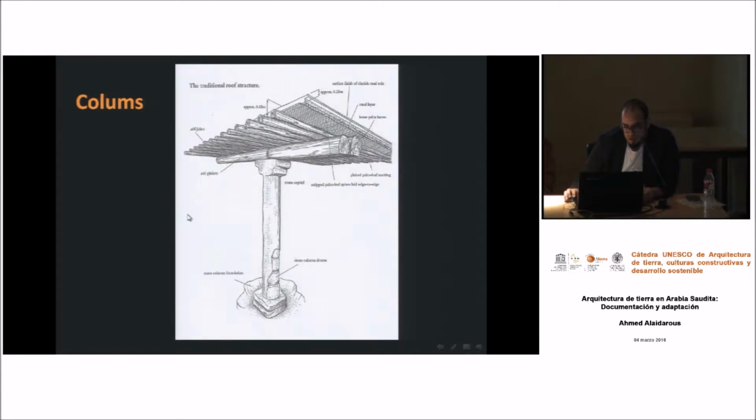Okay. And this photo shows the details of the column. The column is built of limestone materials, which is available locally. And the main beams are built of a type of timber called tamarisk, and even the joist.